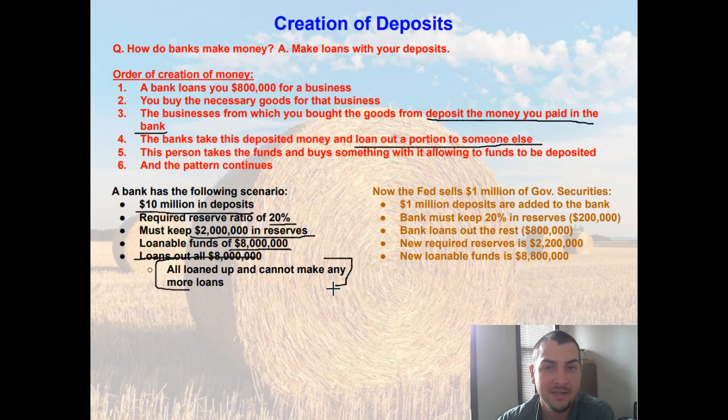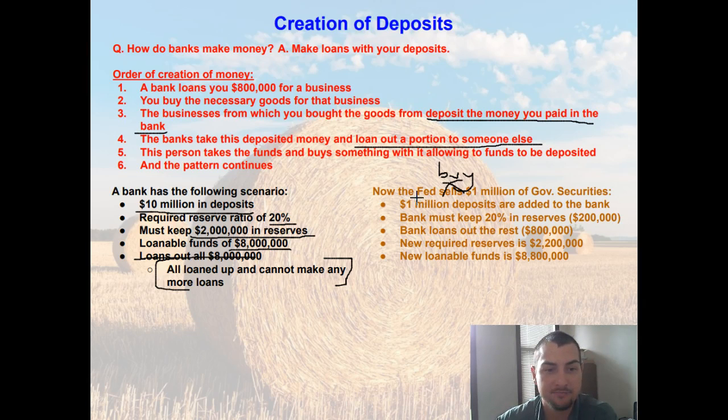And now let's say that the Fed decides that they're going to sell government securities. Actually, I'm sorry, I got that backwards. Now let's say the Fed is going to buy $1 million of government securities. Remember, if the Fed is buying, then they are basically taking money out of their vaults and giving it to the citizens that are selling.